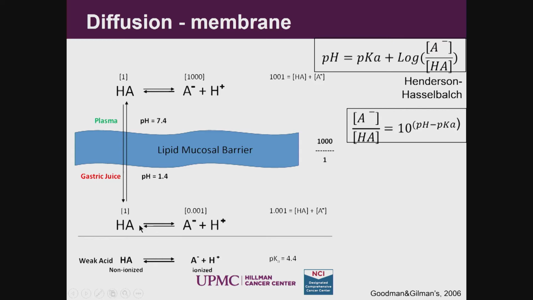And so this really favors absorption through the lipid membrane. Now still, weak acids are not absorbed in the stomach very much. And this has to do with the membrane thickness in the stomach and also the limited availability of surface area.